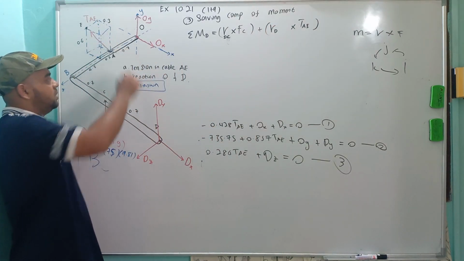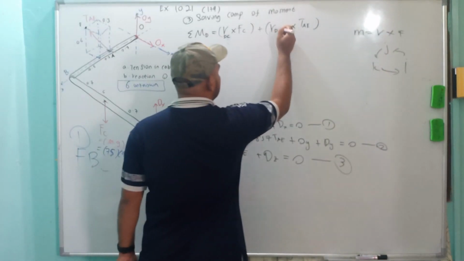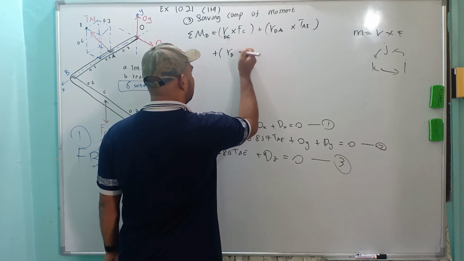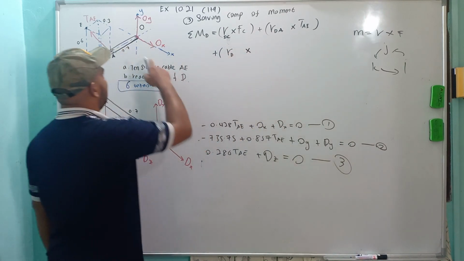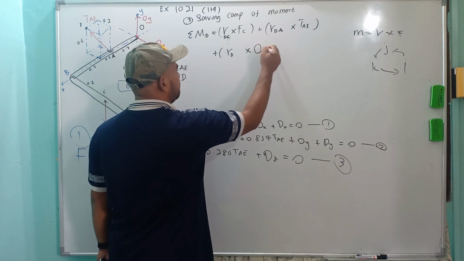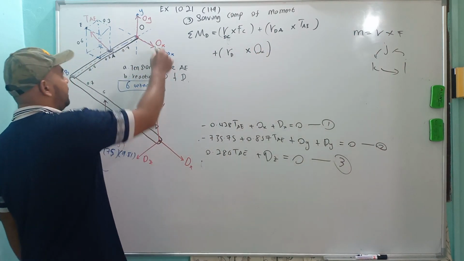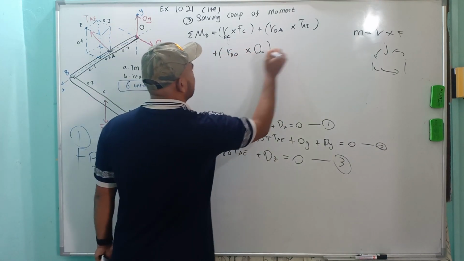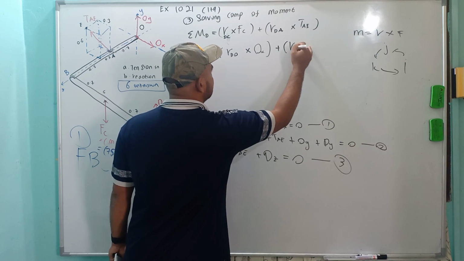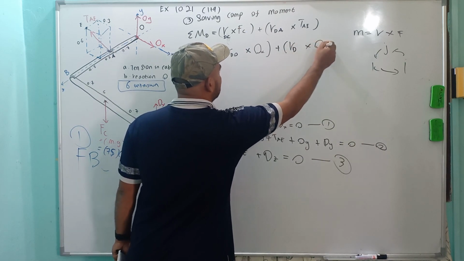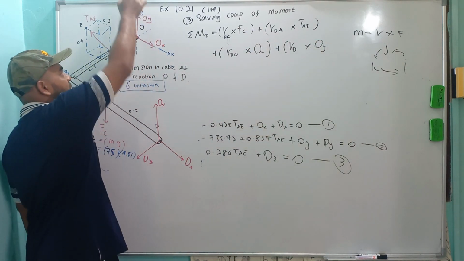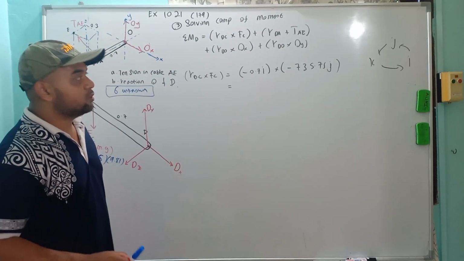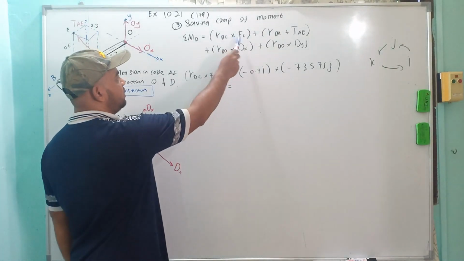So the easiest one for us maybe to take the point A. Plus R from D to point cross, we have X. So from D to any point on this line, so it will be easy to have DO plus RD cross OY, also any point along this line of action of force. The easiest one might be point O. Okay, so we go to the first one, RDC cross FC.